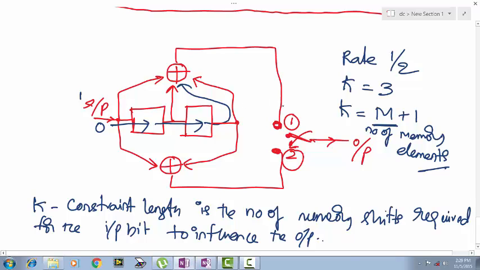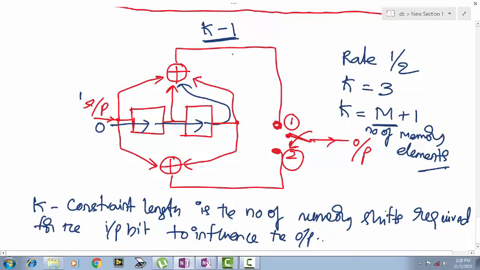Whereas if you look at a block code, the output code that is produced depends on the particular input message block. It doesn't depend upon the previous message blocks. Whereas in a convolutional encoder, the outputs depend upon the present input bit as well as the previous K minus 1 inputs.